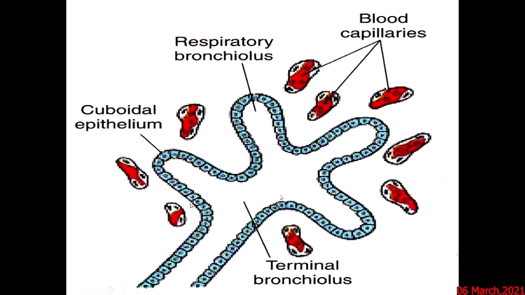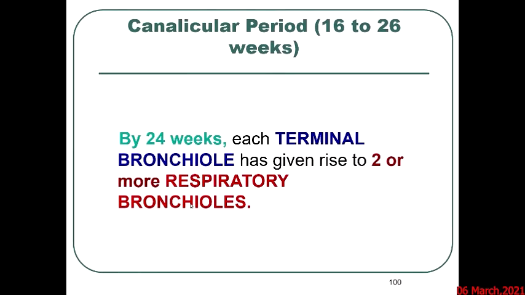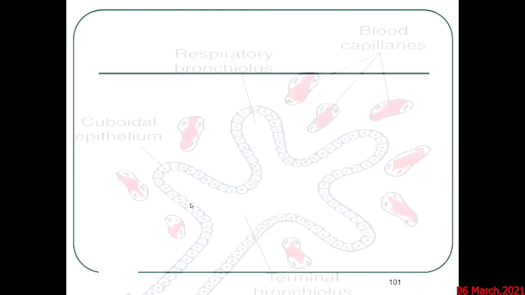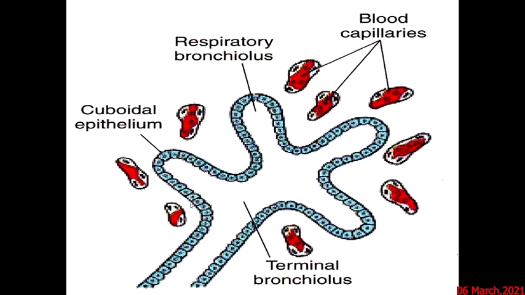So by 24 weeks, each terminal bronchiole gives rise to 2 or more respiratory bronchioles. What does that mean? Active respiration is possible by 24 weeks. Look here, this is taken from Langman.